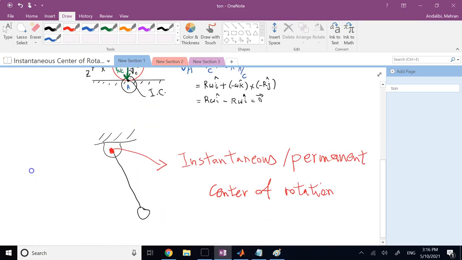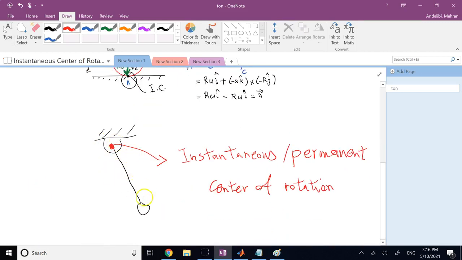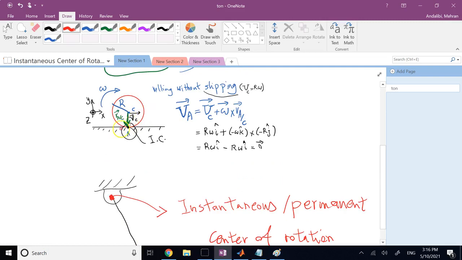But not every object is doing pure rotation. Sometimes objects have translation and rotation, like this rolling disc. And there is always a method to find the location of the instantaneous center for those objects. I'll show you how to find them and how to use them to solve kinematics problems for rigid bodies in planar motion. But that's the whole idea.